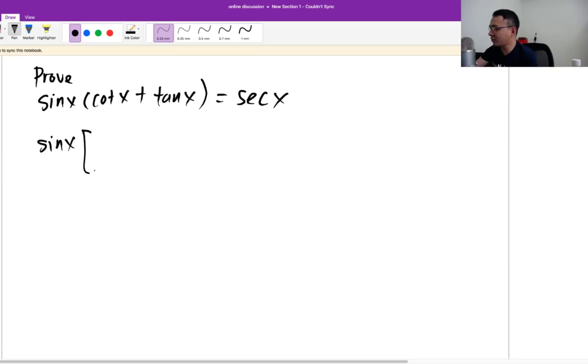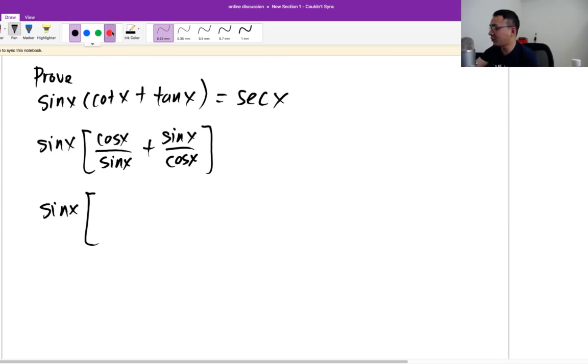So sine x, cotangent is cos x over sine x, plus tangent will be sine x over cos x, and then I will make them have the same denominator here. So here I will multiply cos, multiply cos, multiply sine, multiply sine.